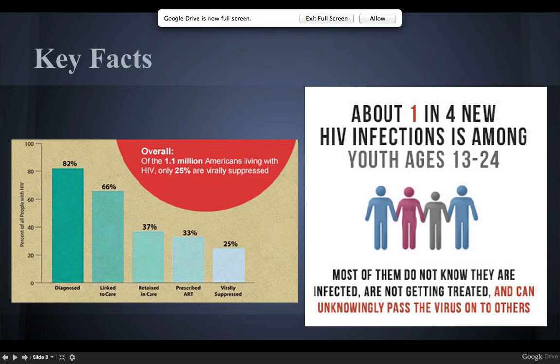So only 25% can actually stop it and control it. And about 1 in 4 new HIV infections is among really young people, and they actually don't know that they are infected, which is really bad.